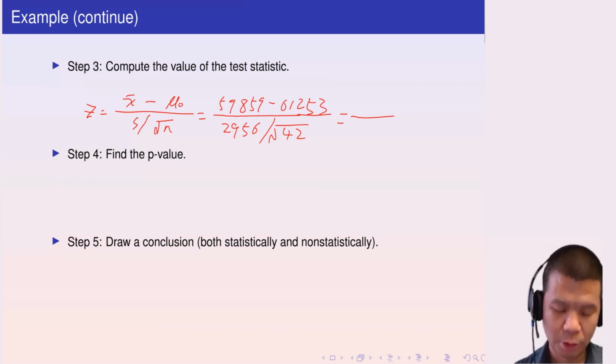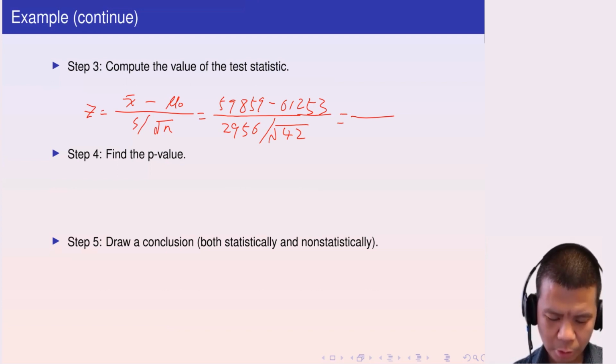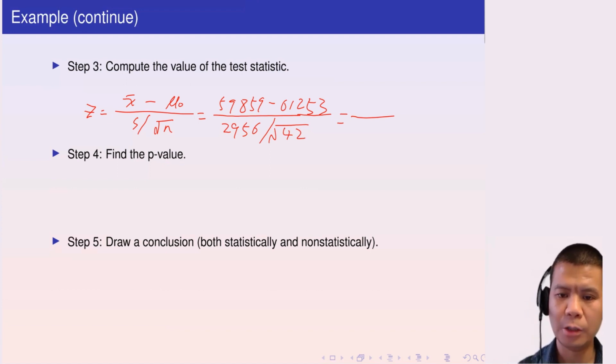Okay, so this is 59,559 minus 61,253. That's negative on the top, negative 1694.